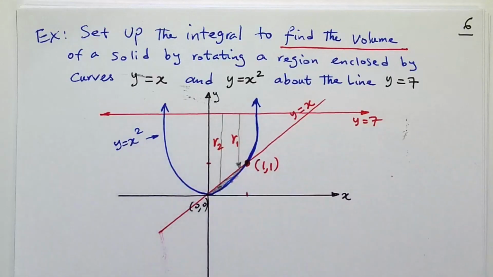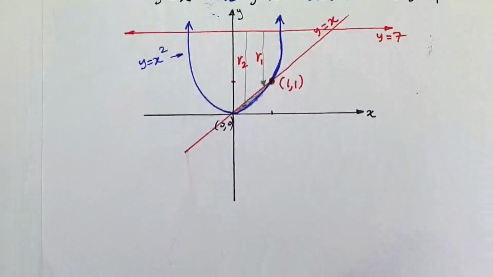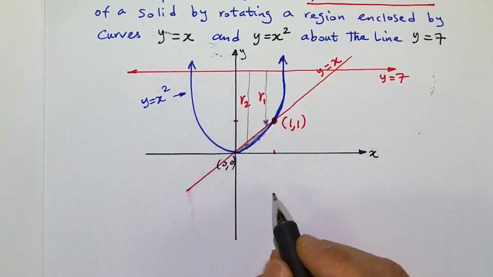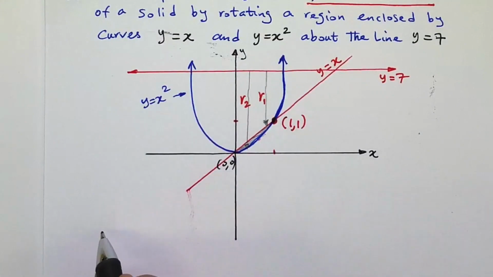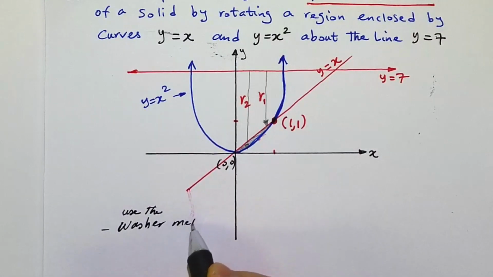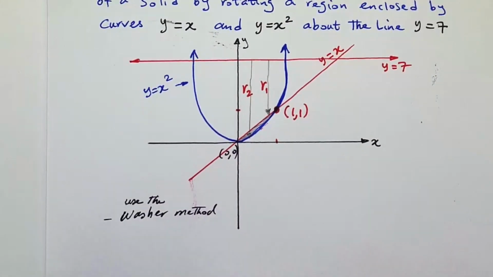So let's write it down, and I will list how we should think about problems like this. The first thing we want to establish is whether we want to use the disc or washer method. So we establish we're going to use the washer method. Then for that we will need the outside and inside radius.